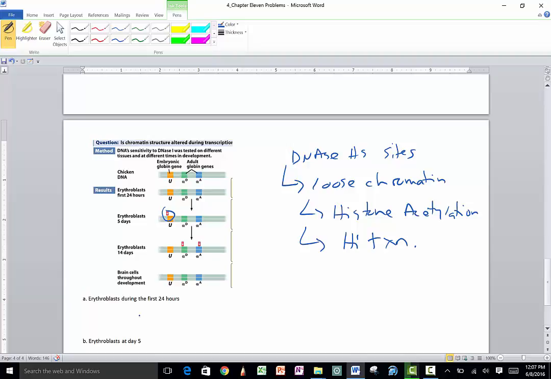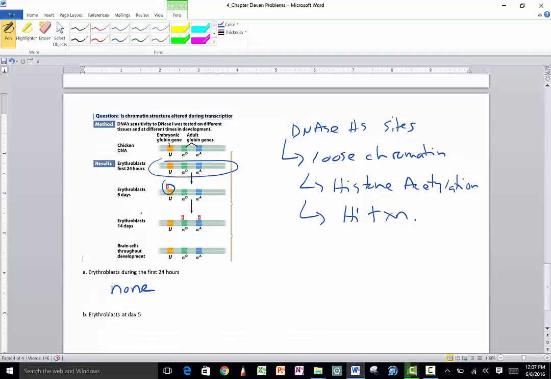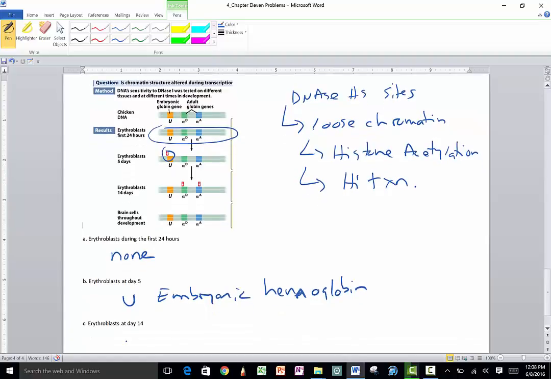During the first 24 hours, there are no hypersensitive sites. None. During day 5, U, which is embryonic. Very simply, where there's a DNase hypersensitive site, that should correlate with high gene expression.